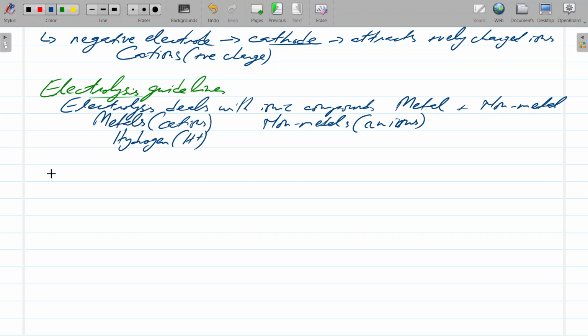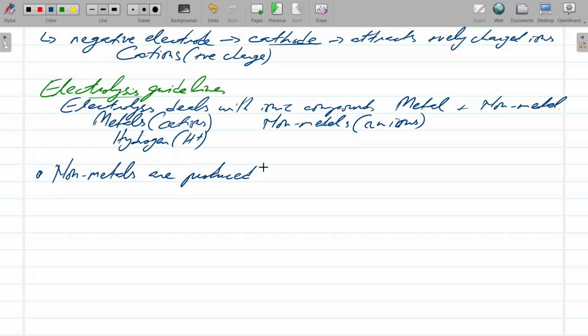Keeping that in mind, there are a few things to consider when electrolysis is happening. The anode is positively charged. It is attracting the negatively charged ions, which are the anions. So non-metals are produced at the anode. Why? Because electrolysis is breaking down the ionic compound.